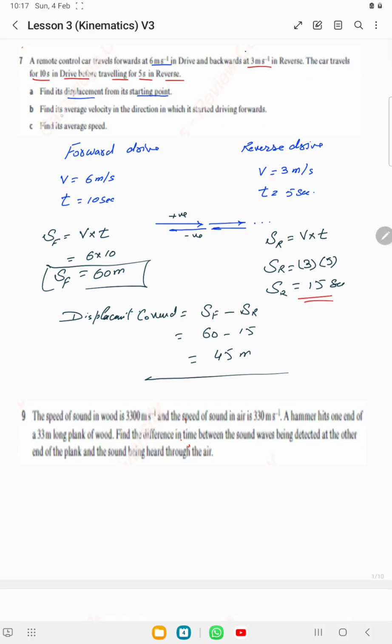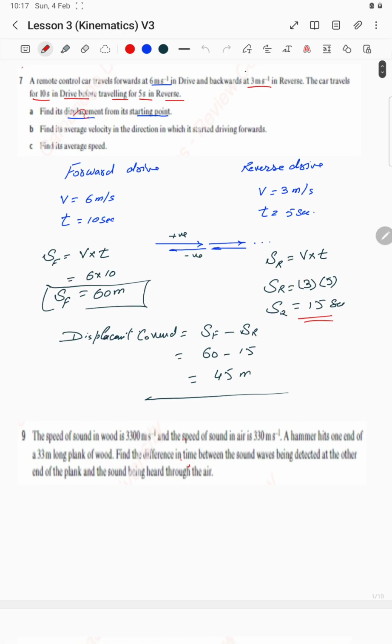Okay guys, for part B, find the average velocity in the direction in which it started driving forward. We are talking about forward, so only the forward case will be considered. We're looking for average velocity, v_av, that is displacement divided by total time.